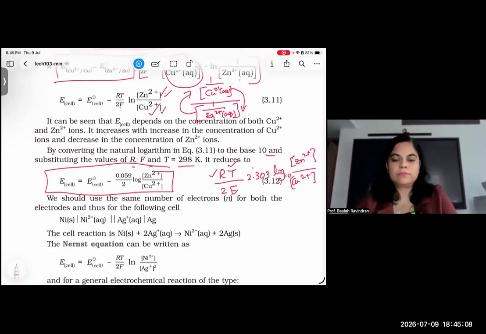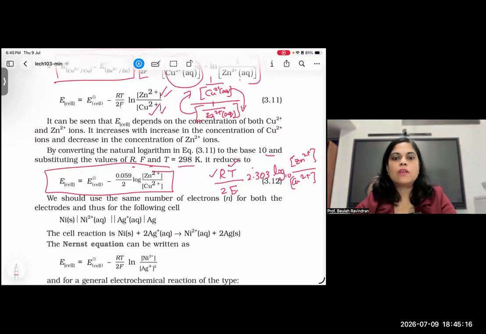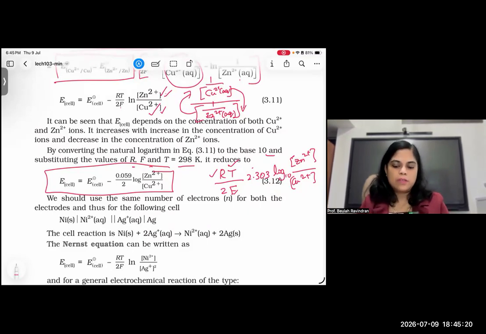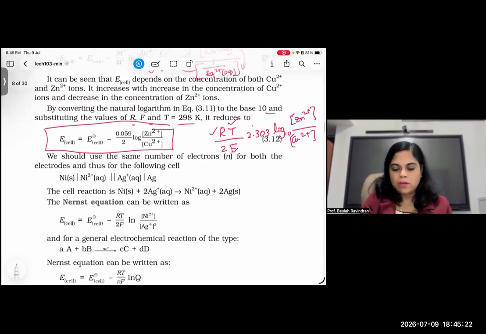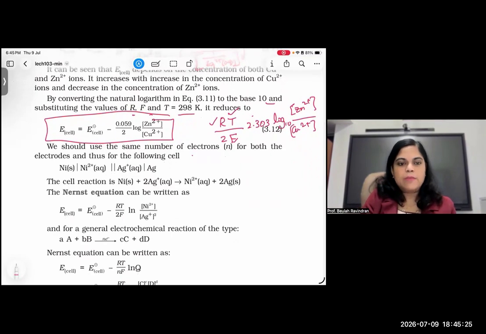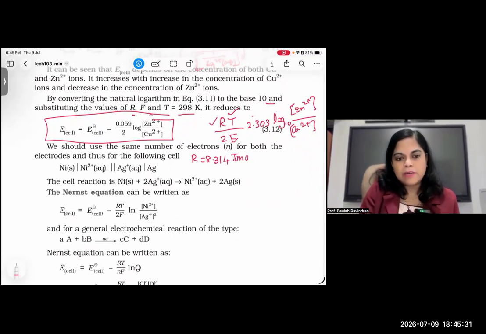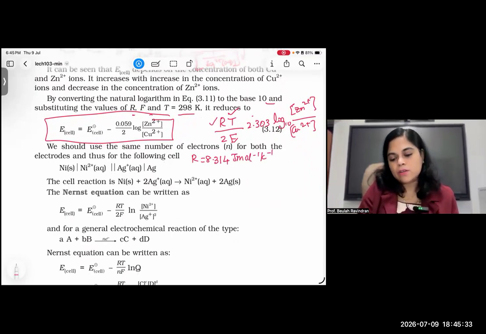Let us calculate now. What is the R value and everything, we'll see. Can you all take down what the R value is? R is 8.314 joule per mole per Kelvin. This is the ideal gas constant.